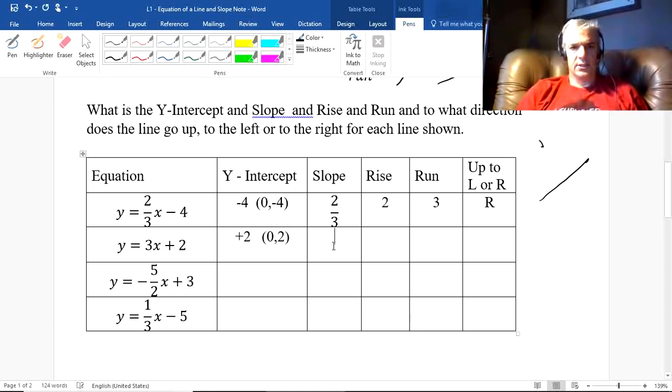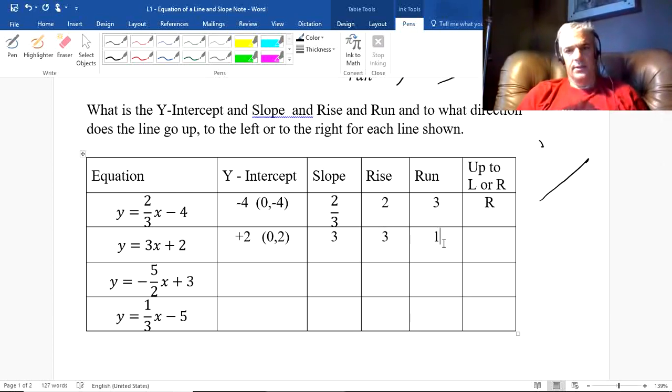The slope here is simply the number in front of x, which is 3. And when we get ones that are a whole number, the rise is always 3 and the run is always 1. So it's like 3 over 1. And that's really quite simple. And again, it's a positive slope, so it's R.